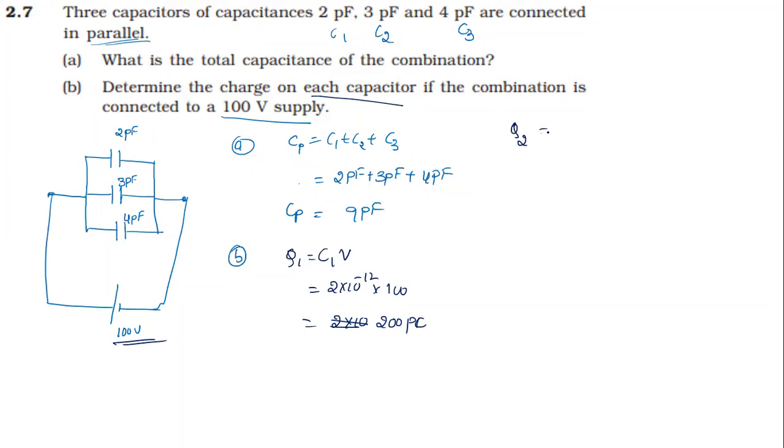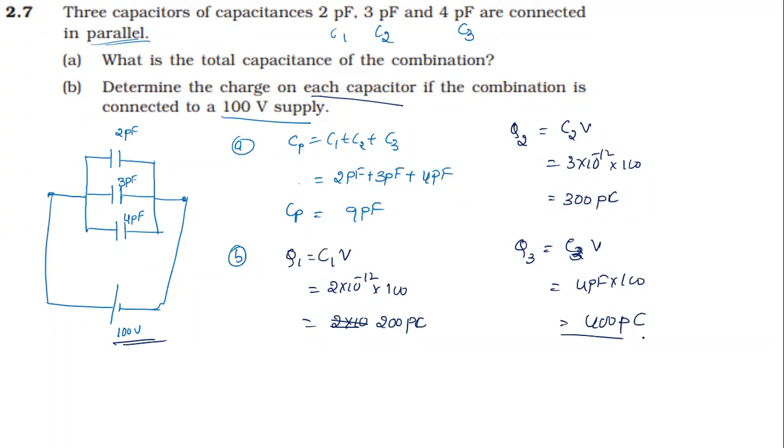Similarly, Q2 is C2 into V. C2 is 3 into 10 power minus 12, into V, 100. So it will be 300 picocoulomb. And similarly, Q3 becomes C3 into V. C3 is 4 picofarad into 100. It will be 400 picocoulomb.